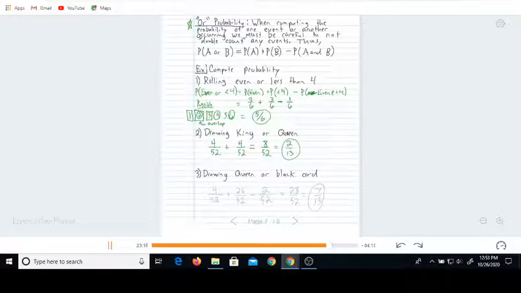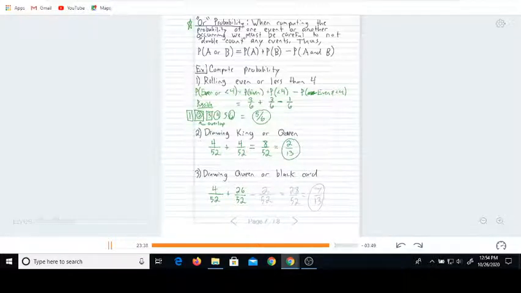And what's the probability of drawing a queen or black? Well, the probability you draw a queen, well, there's 4 queens, and half the deck is black. So half the deck would be 26 cards. And then ask yourself, is there any overlap? Did we accidentally double count anything?